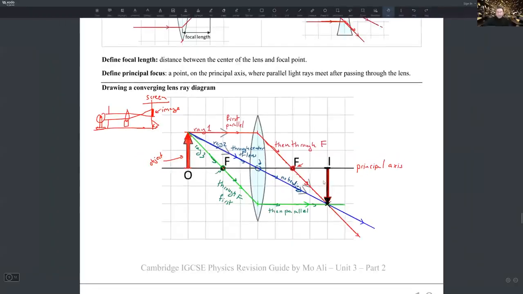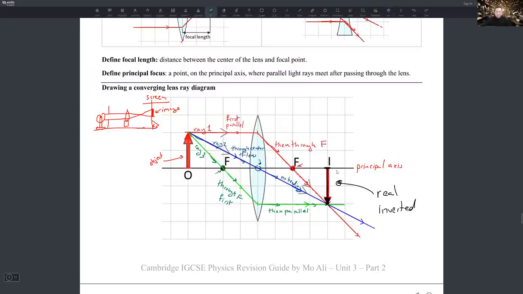Now, images have properties. The image formed by a lens has properties. This image, for example, is real. Not virtual, it's real, because if you put a screen there, the light will hit it and we will see an image. You're going to see an image on a screen if you put a screen there. Second, it's inverted.